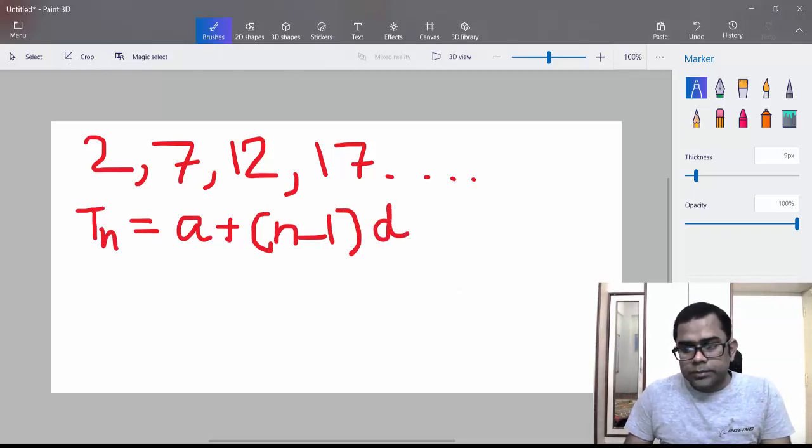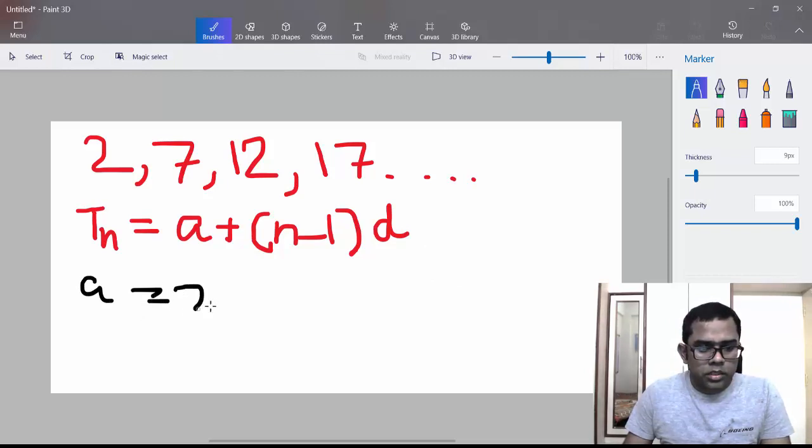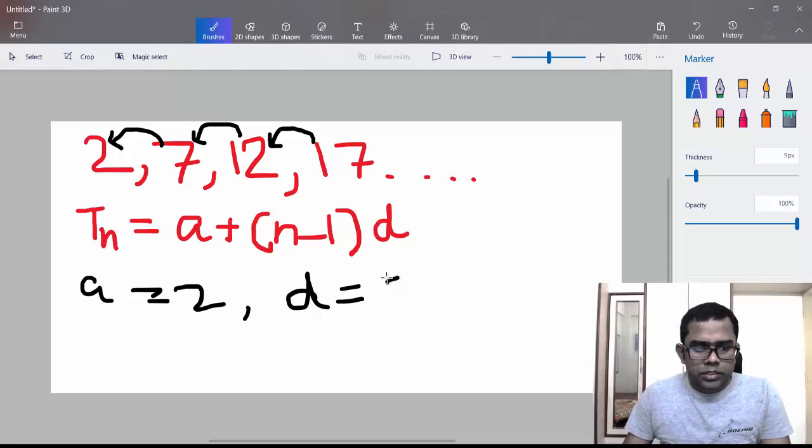In this case, a is 2, d is the difference between two consecutive terms, that is 7 minus 2, or 12 minus 7, or 17 minus 12, which is 5, and n is equal to 100.